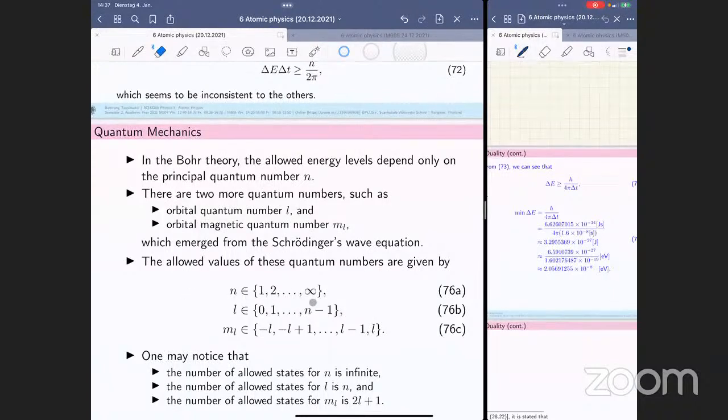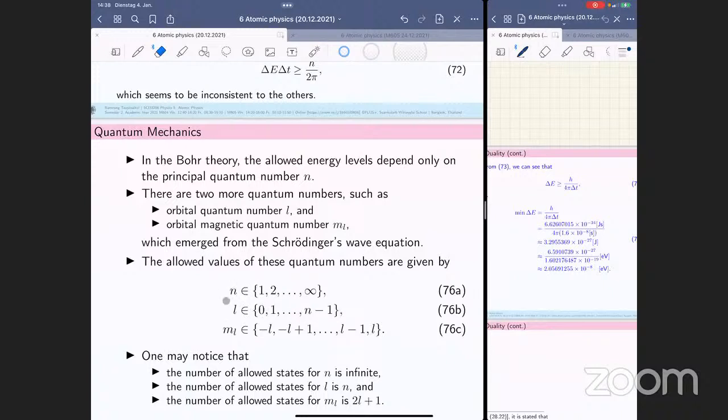For the second one, which is derived from Schrödinger's wave equation, you cannot see the equation at the moment, but you will see it later in the bachelor degree. L can be taken from the numbers 0, 1 until n-1.